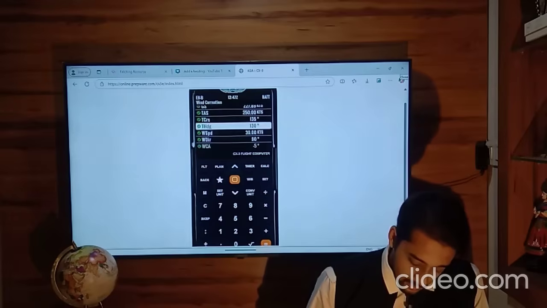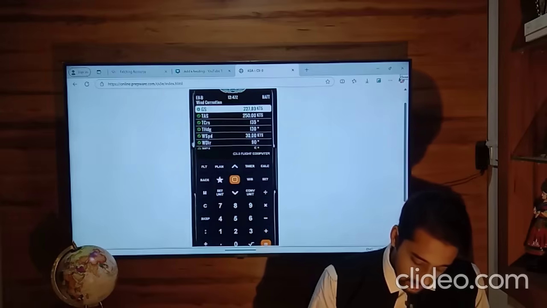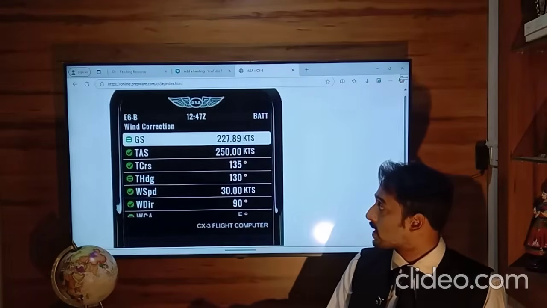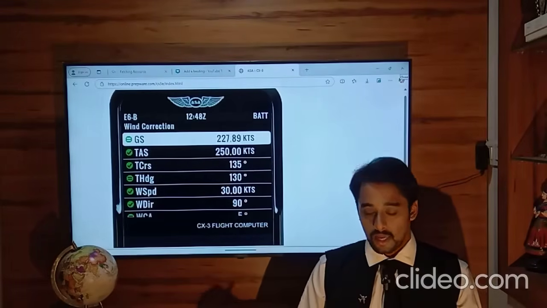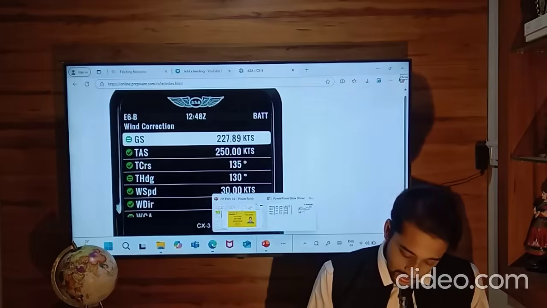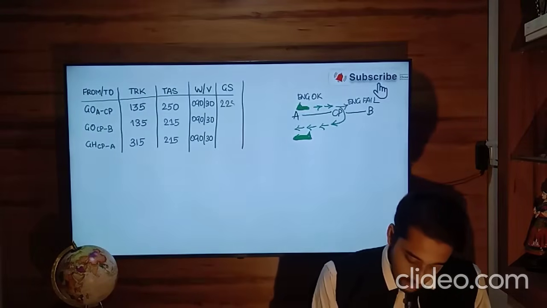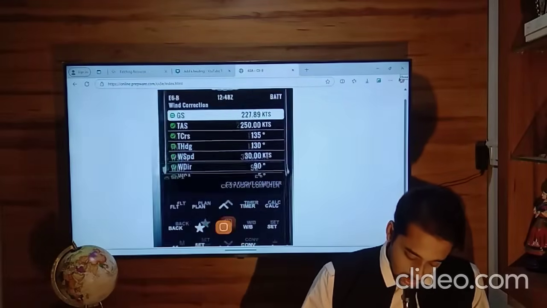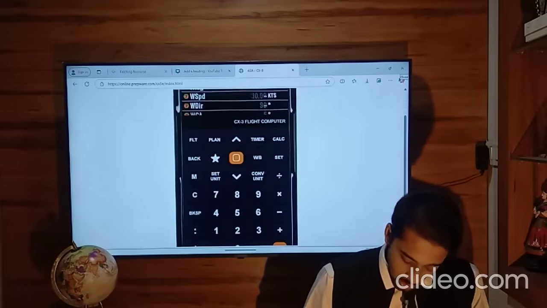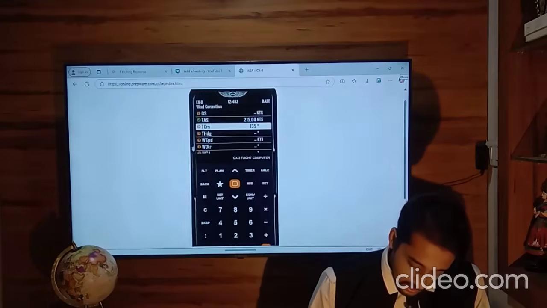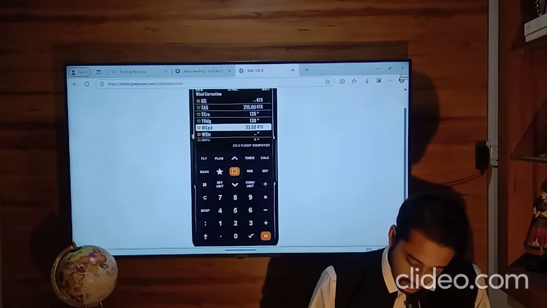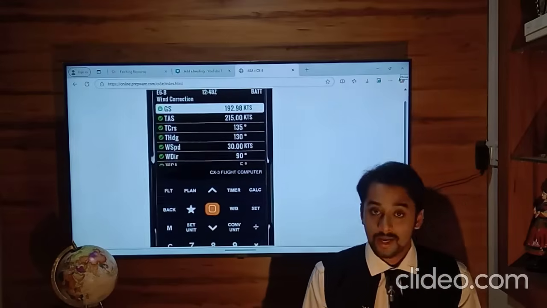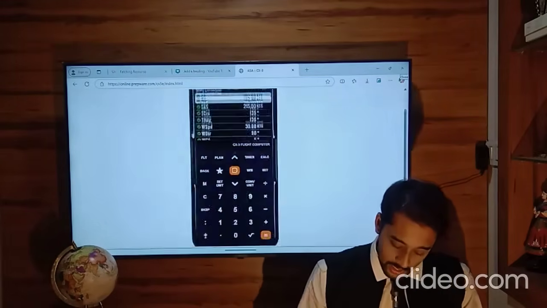So your ground speed will be 227.8. Let's take it to 228. Now let's go to next row. Airspeed has decreased and become 215. True course has stayed the same, 30 at 090. So your new ground speed is 192.9. So make it 193.